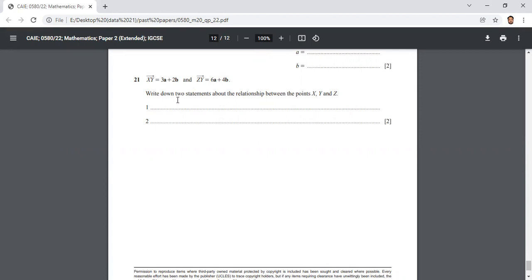So if we try to draw this, I want a table, but there is no table here. Anyway, I will do it this way. Let me do it fast.